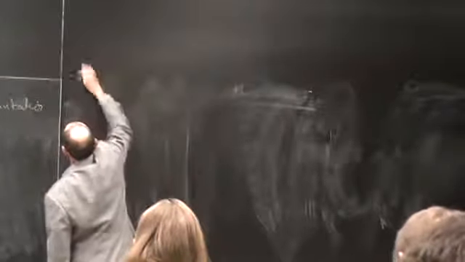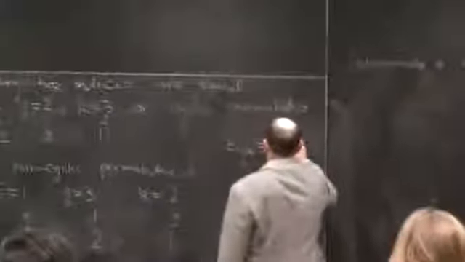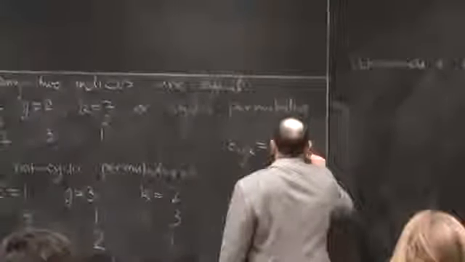So, some important properties here. There's a relationship between determinants and the antisymmetric epsilon ijk. So, of course, what this means is that epsilon ijk equals minus epsilon ikj.